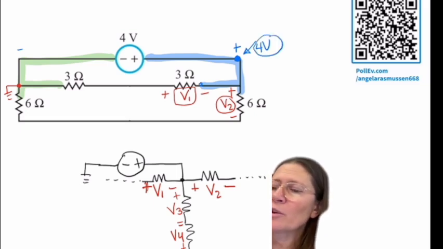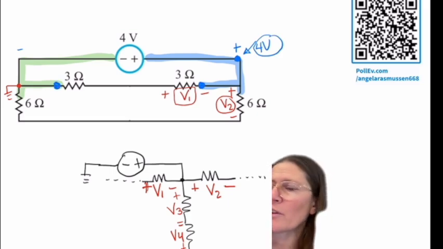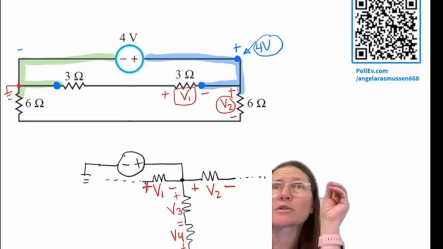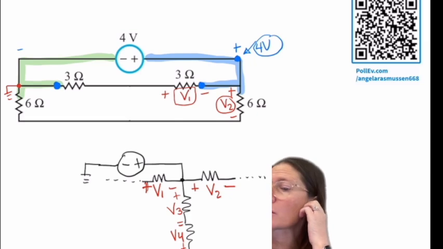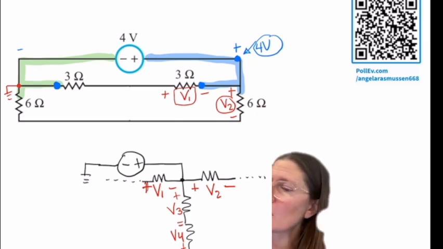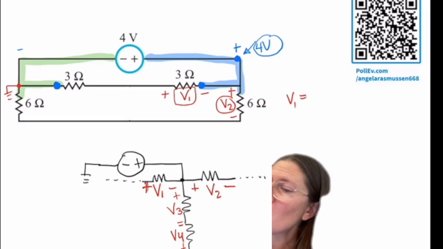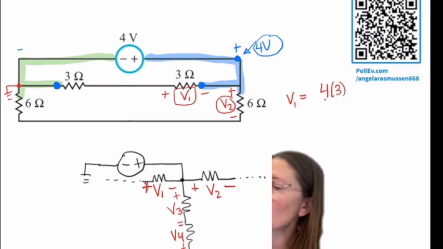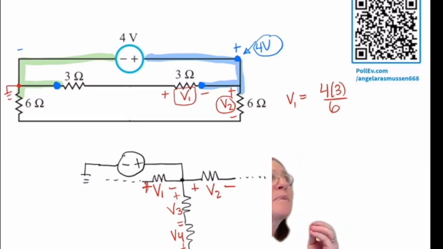So that's also the polarity between these two. I have 4 volts on the right and 0 on the left, so it's voltage across resistances, and that could be a voltage divider. If I notice that, then I could say that V1 is equal to plus or minus 4 times 3 over 6, and then I have to decide is it plus or minus.